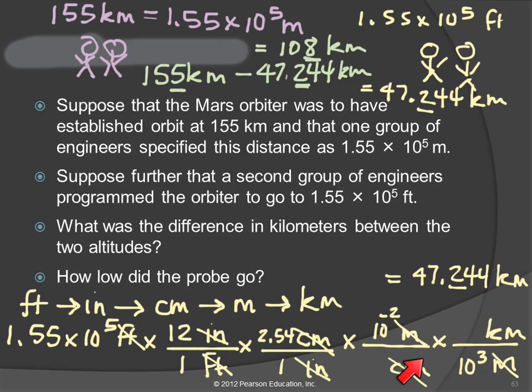This is exact. So the conversions, they don't count as sig figs at all? It depends. Sometimes they do. This one is an exception. This is between the metric and the English system, and usually when you go between systems, they are not exact. This one's an exception. What if we didn't recognize that it was exact?